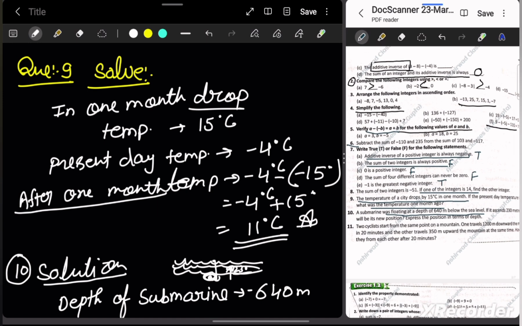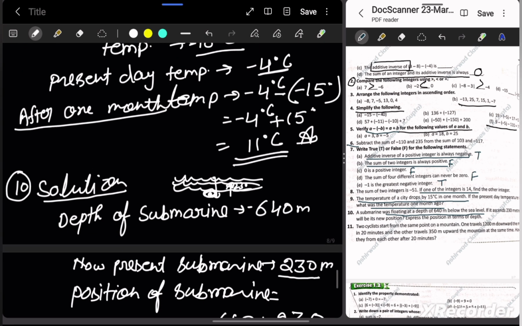So now let the present day temperature be minus 14 degrees. So after 1 month, what is the temperature? If the present day is minus 14 degrees, 15 degrees dropped, minus 15. Here it is minus 15 because the temperature has dropped. So now minus 14 minus 15, so the answer is minus 29 degrees centigrade.